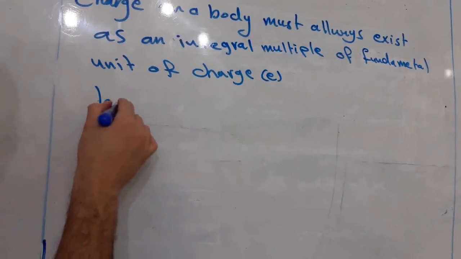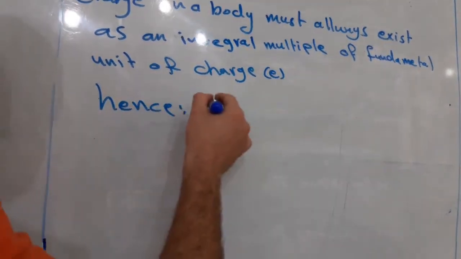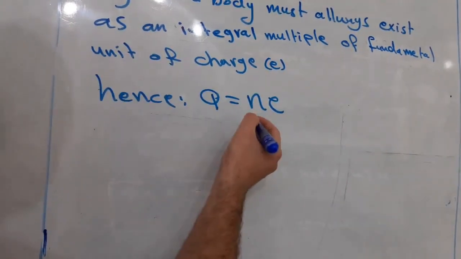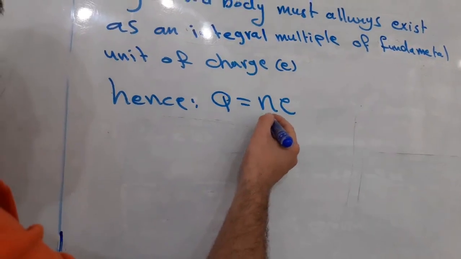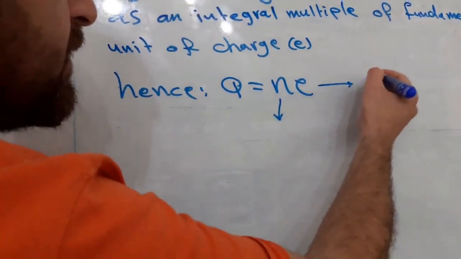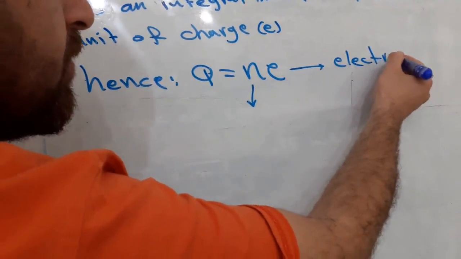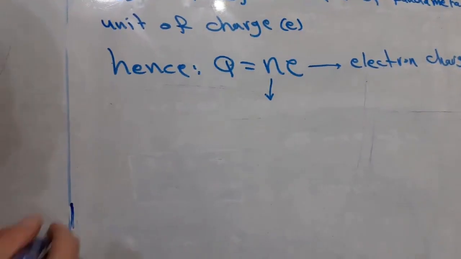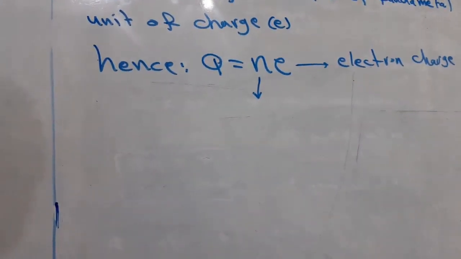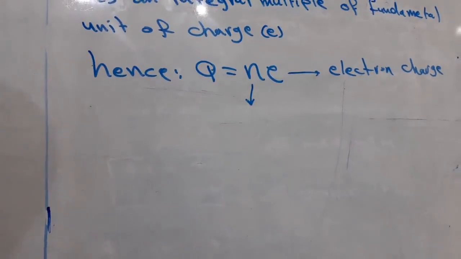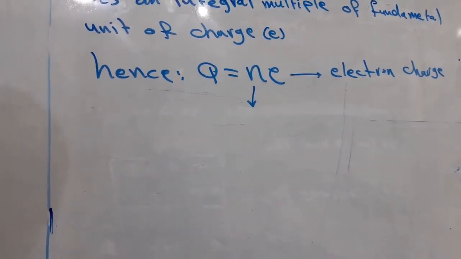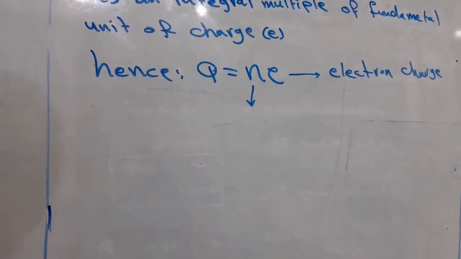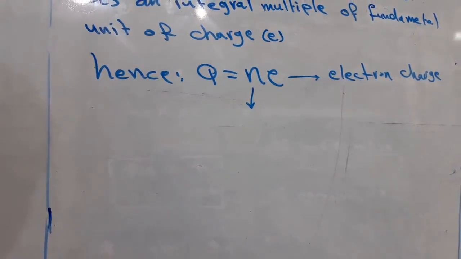Hence, Q equals N times e. N is a number, e is the electron charge, which is constant, 1.6 times 10 power minus 19 coulomb, and N is the number of electrons in any object.